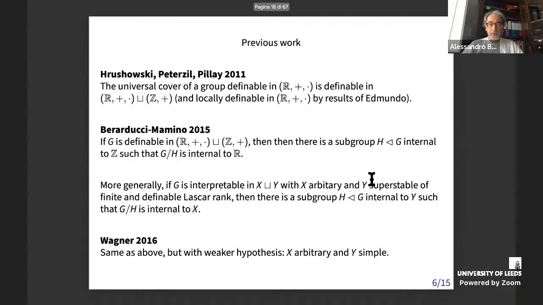Okay, now the previous work on this, there are some previous papers to be quoted. One is Ruszowski, Peterson, and Pillay, who observed inside a much larger work that if you have a group definable in the reals, which we know is a Lie group, the universal cover of it is in general not definable in the reals, it is only locally definable by results of Edmundo.